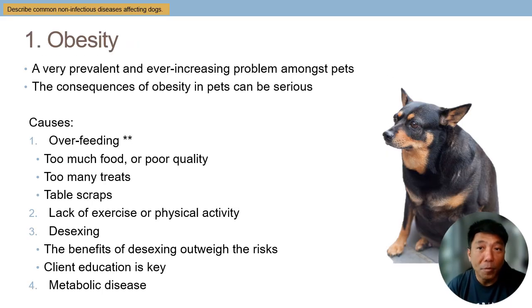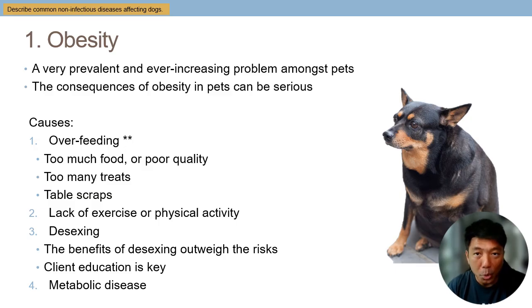Let's start with an overview. Non-infectious diseases in dogs are often linked to lifestyle, genetics, and age. These are conditions that are not caused by infectious agents like bacteria or viruses, but rather arise from within the body or due to external factors like diet and exercise.